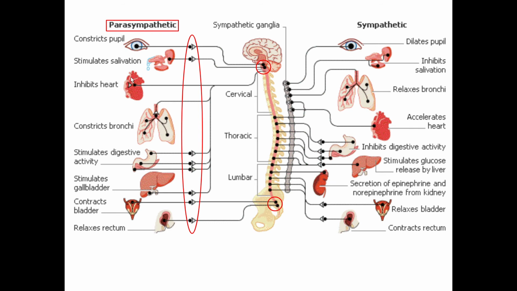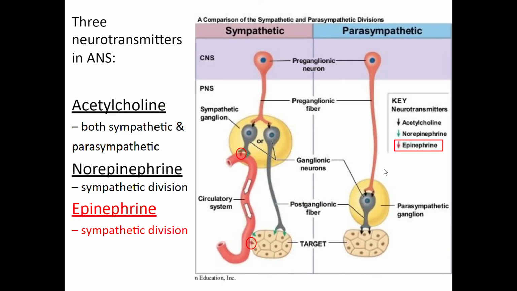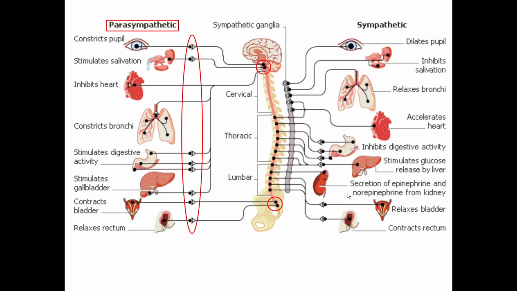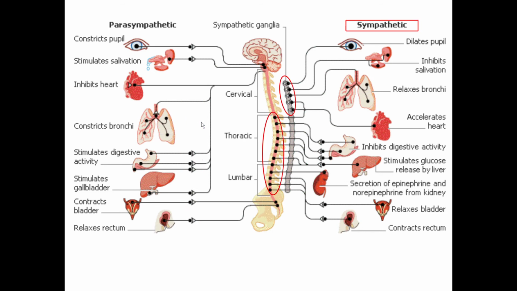And once again, they would use acetylcholine to activate those target tissues. So that's all that we're going to say about the parasympathetic nervous system. This is how it's organized, and it basically triggers rest and digest responses.